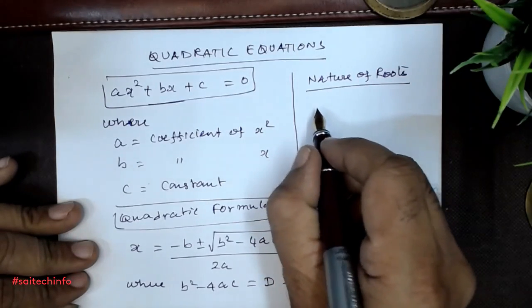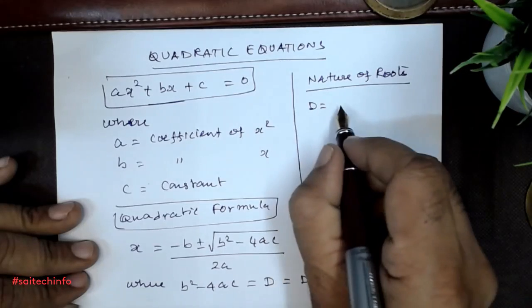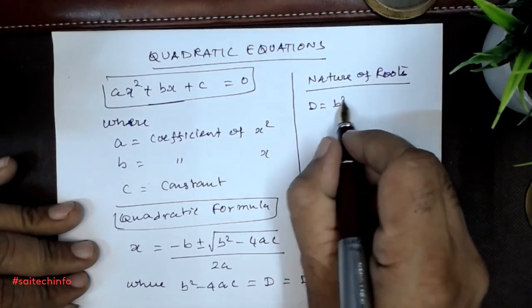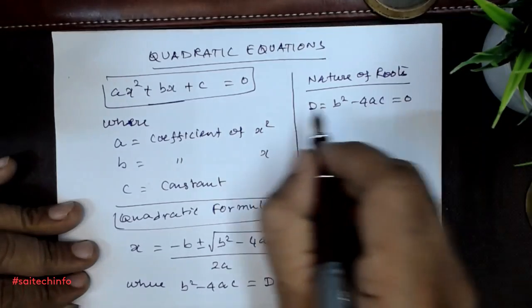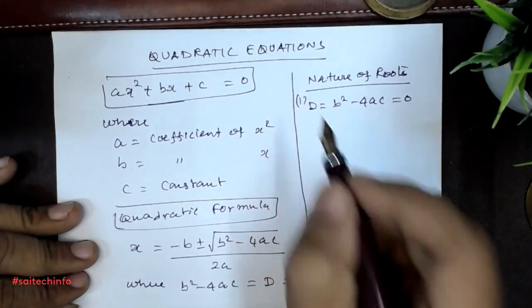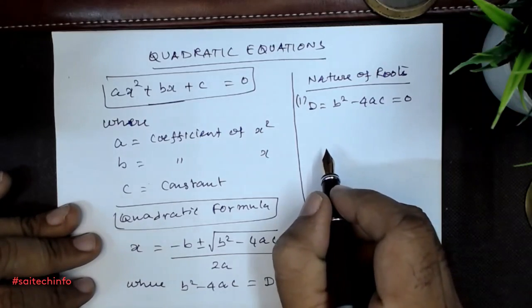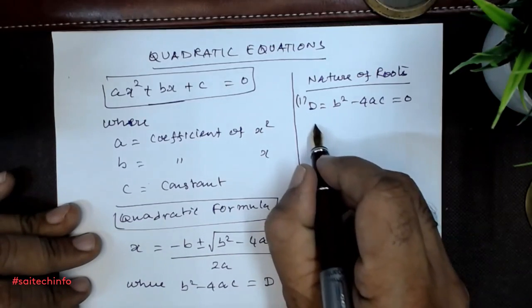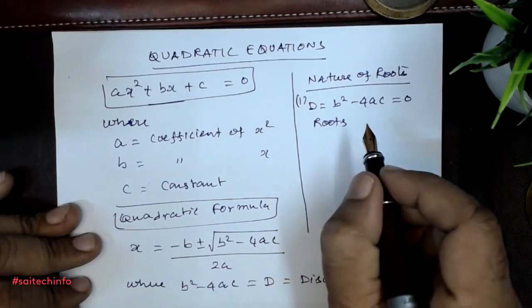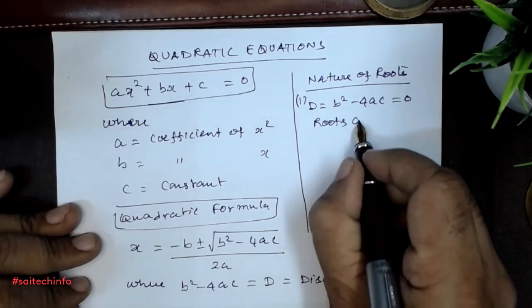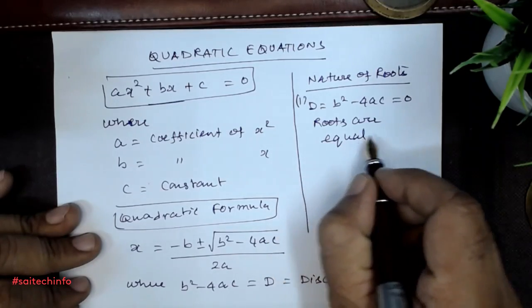If d, that is b squared minus 4ac, is equal to 0, then the roots are equal and real.